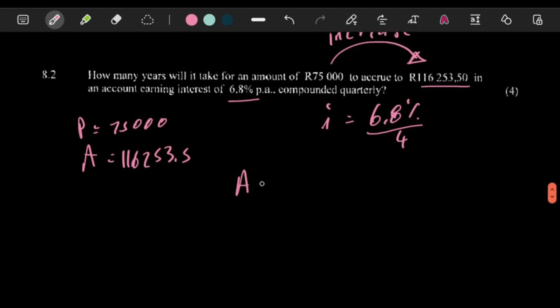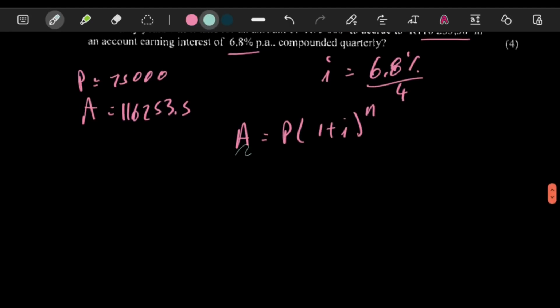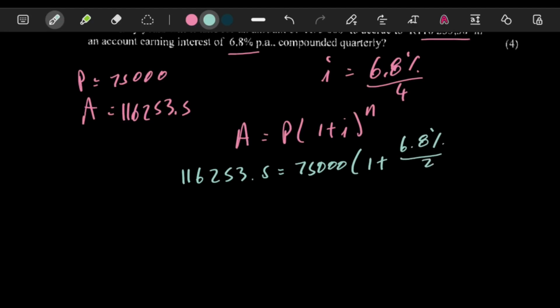Okay, so A is equal to P(1 plus i) to the power of n. And then here it's 116,253.5, and then this is 75,000. Interest is 6.8% over 2. No, 4, it's over 4. And there it is.